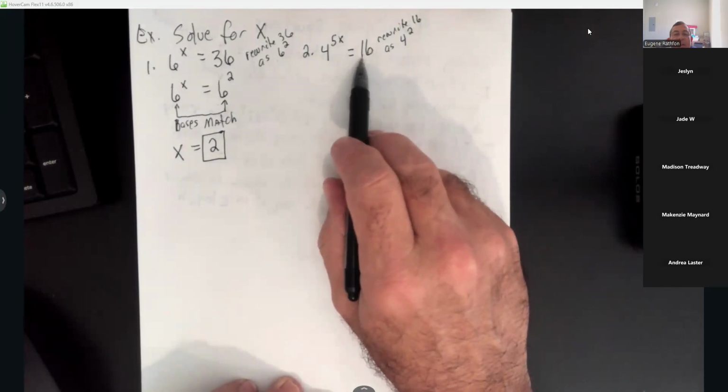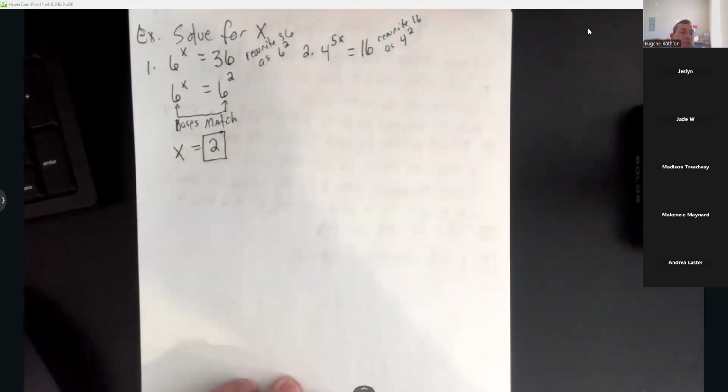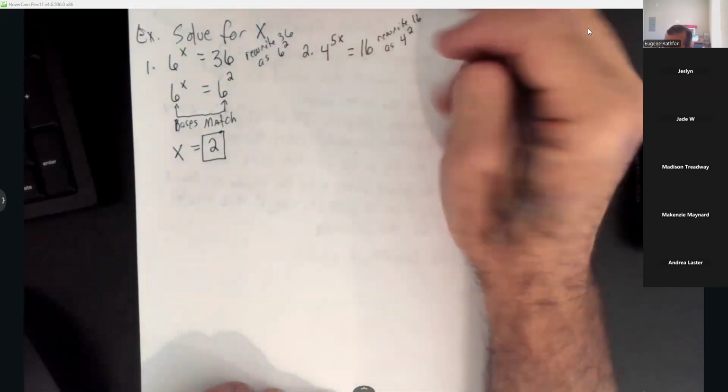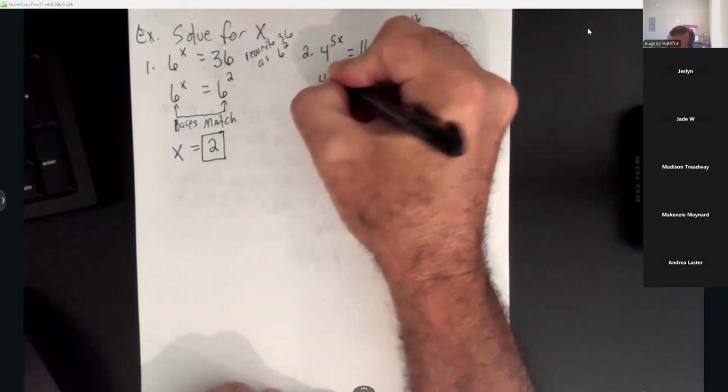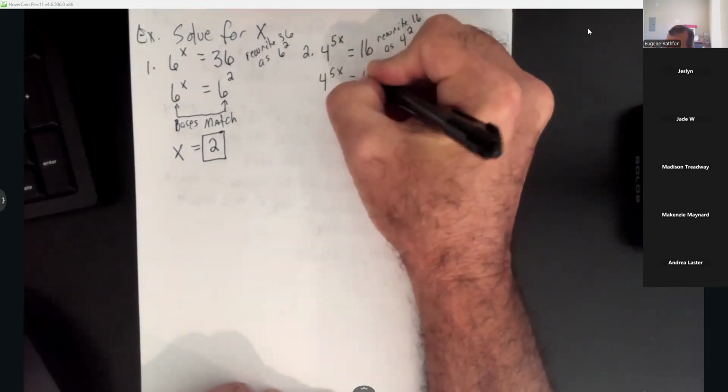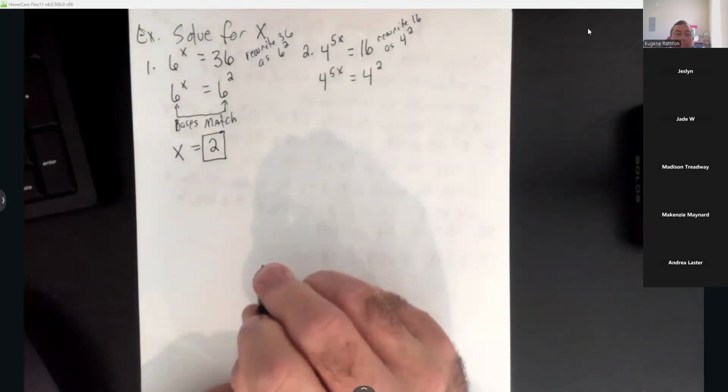That's a trick on it. See if you can rewrite the number with the same base as your exponential side. Since I can rewrite 16 as 4 squared, I'm going to bring down 4 to the 5x. That's going to equal 4 squared.